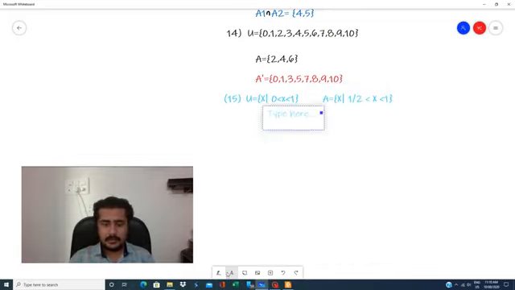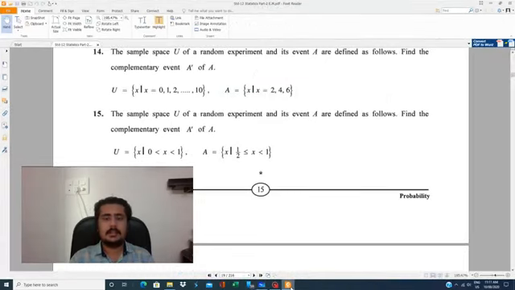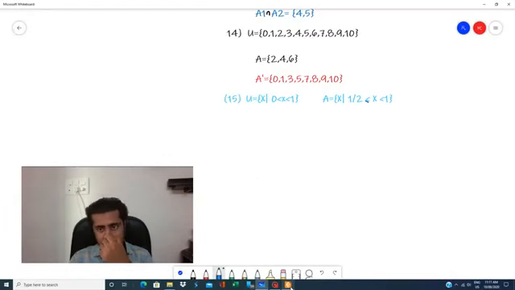Now there is a sign of equal here: half less than or equal to x less than 1. Now what is A dash? If I elaborate it, let us draw a line like this.